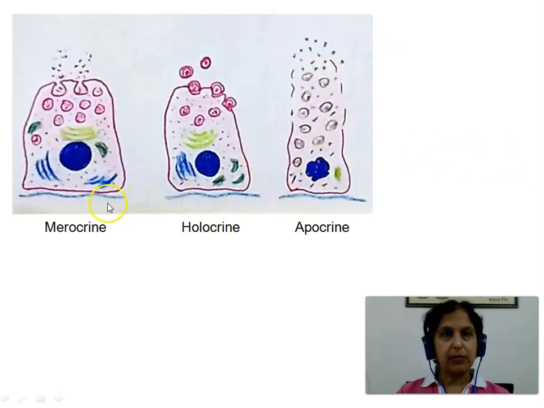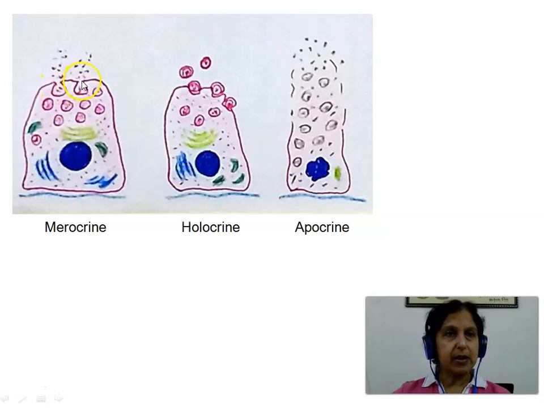We see the other two types of secretions here. This is neurocrine secretion, where the secretions are stored in the form of vesicles, and these vesicles are seen near the apical portion of the cell, and at the time of letting out the secretions, these vesicles reach the luminal surface.